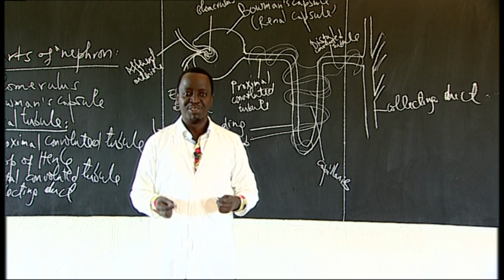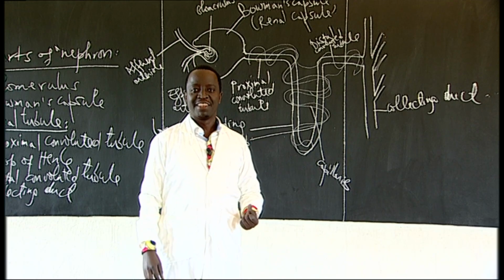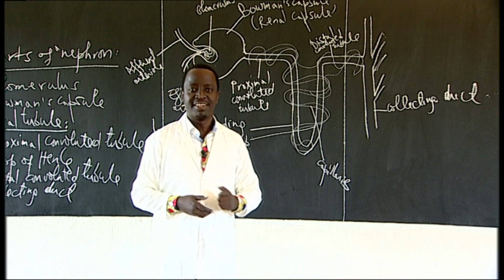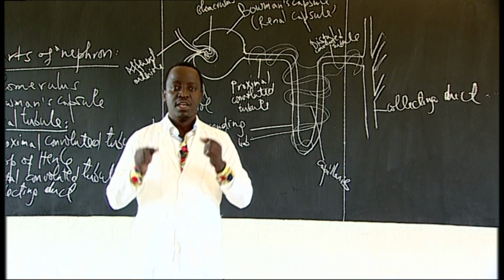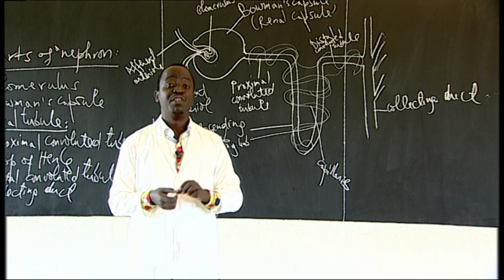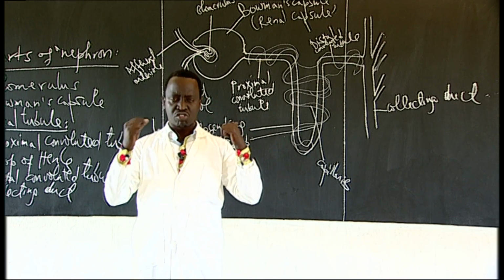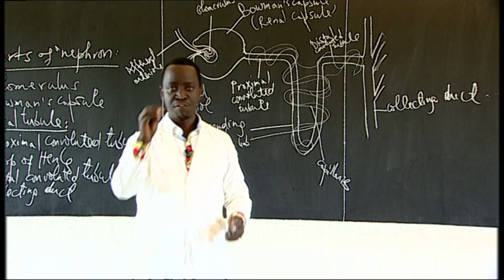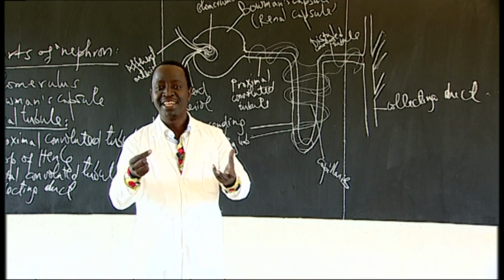Who can try to define what a nephron is? Yes, one second. Nice, you're right. The nephron is the structural and functional unit of the kidney, which means it makes up the structure of the kidney, and the function of the kidney is going to happen at the nephron.